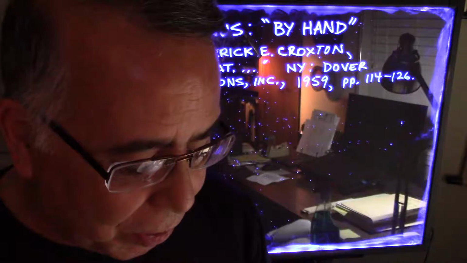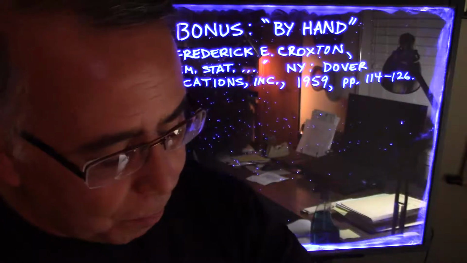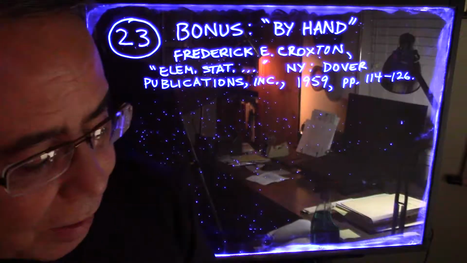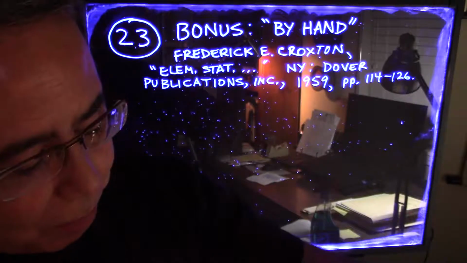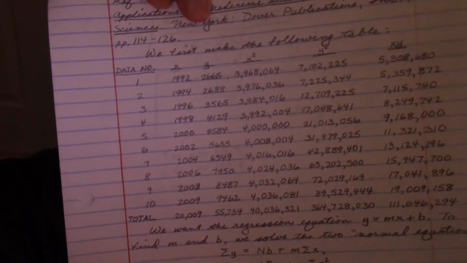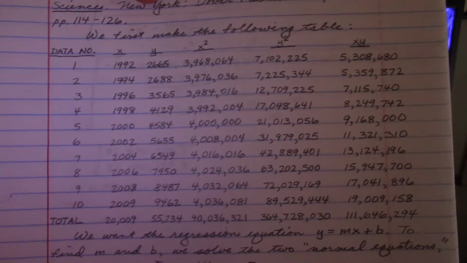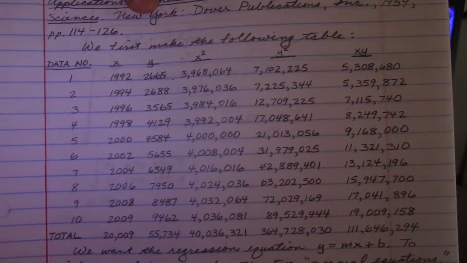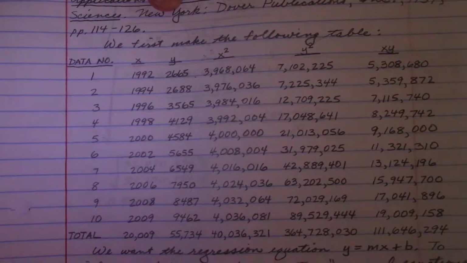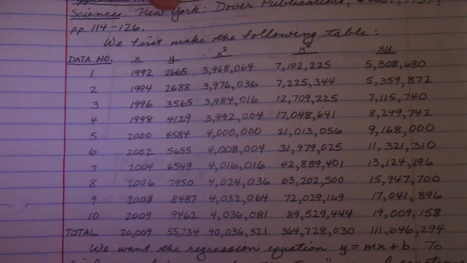So what you do is you first make a table with the data. I'm using the same data that was in exercise 23 in your book, but I'm arranging it in this table. I'll show it to you rather than draw this on the glass board. So take a good look at that. Alright.